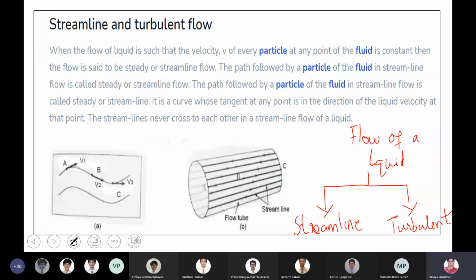We'll see what is meant by streamline flow, what is meant by turbulent flow. Is that clear, boys? The next class, we'll see what is streamline, what is turbulent. You need not write right now because I'll put this PPT. The theoretical part you can learn and copy down later.